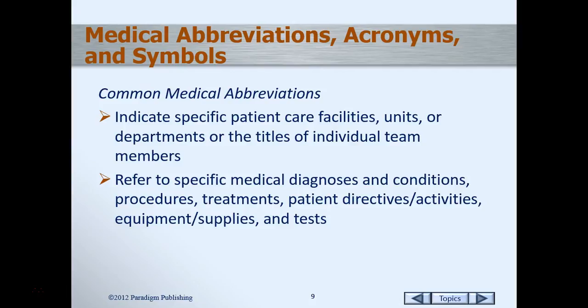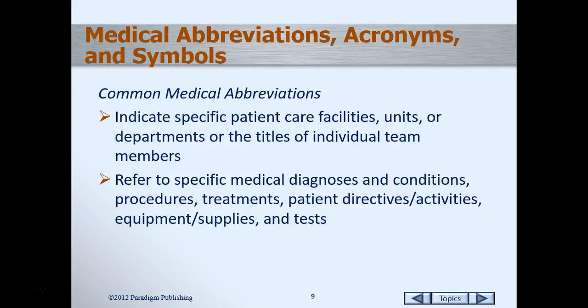If they're going to have an angioplasty and need to go to the cath lab, any specific types of treatments, if they're going to have radiation treatment, if they have specific directives or activities, patient must get up and walk around every 2 to 3 hours, okay to go to the restroom by themselves or with an assist, any kind of equipment or supplies that are needed, if they need an apparatus to check their breathing to make sure that their lungs are working properly, that may be ordered.